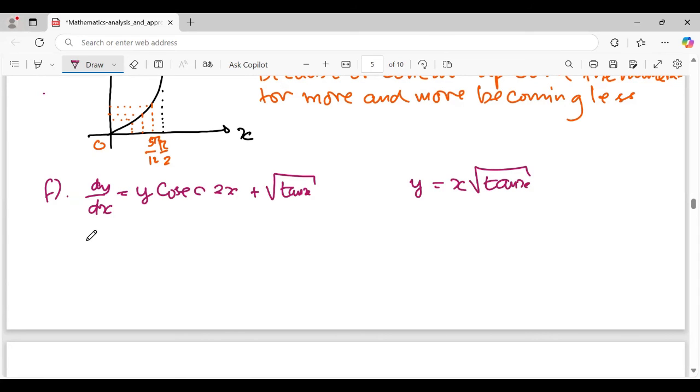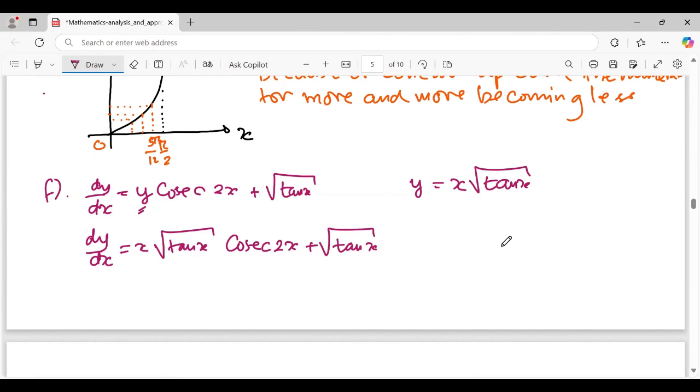If we substitute y into this term, dy dx will be x square root tangent x cosecant 2x plus square root tangent x, on the interval 0 to pi half.